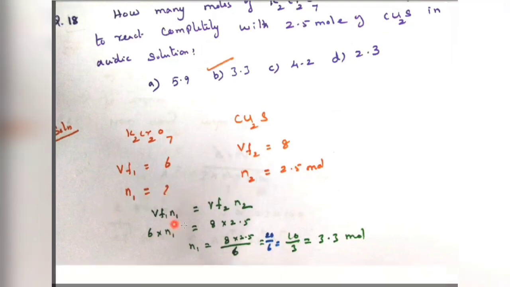So valency factor 1 into N1 is equal to valency factor 2 into N2. 6 into N1 is equal to 8 into 2.5. So in order to calculate N1, 8 into 2.5 upon 6. So we are getting 20 by 6, nothing but 10 by 3. So 3.3 moles is the correct option.